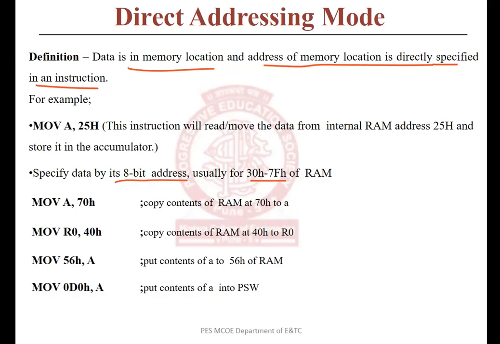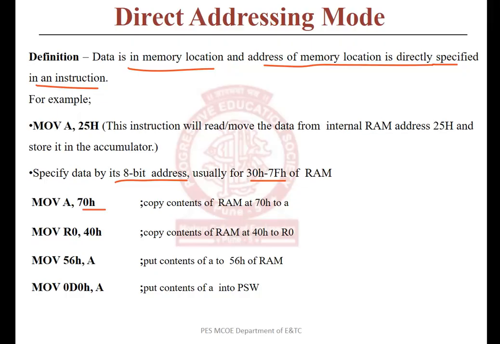Here are some examples. MOV A, 70h. 70h is the address. Whatever the contents are stored at this location will get moved to accumulator. Then MOV R0, 40h. Copy the contents of RAM at 40h to R0.